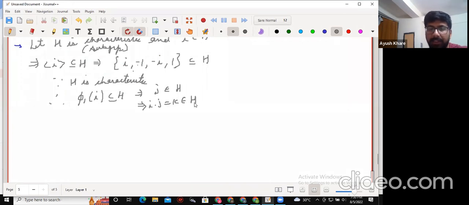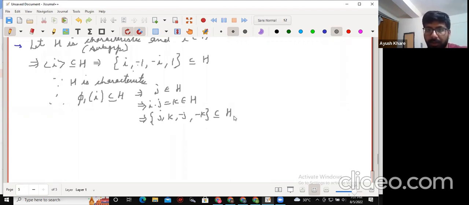And as j is there, minus j must also be there, and as k is there, minus k should also be there. This implies that j, k, minus j and minus k are also inside H. And what does this mean?